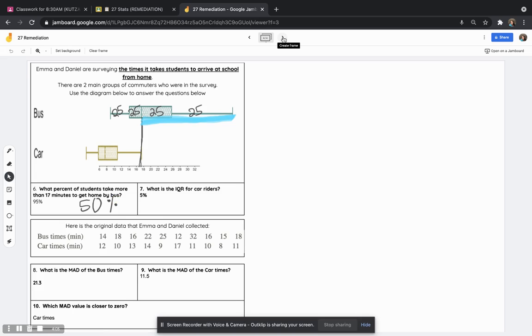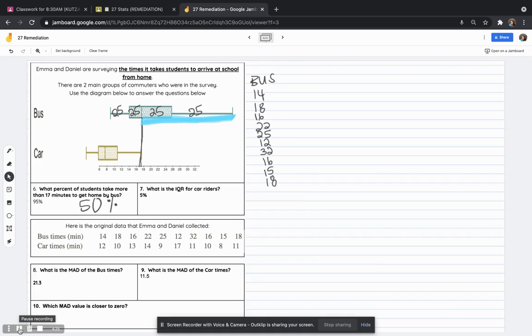Right, number 7 is good. Number 8 says, what is the MAD value of the bus times? Right, so I'm going to put this off to the side here. So my first section in the table, I'm just going to list out these numbers here. All right, so I list out those numbers, and then I need to calculate the mean.